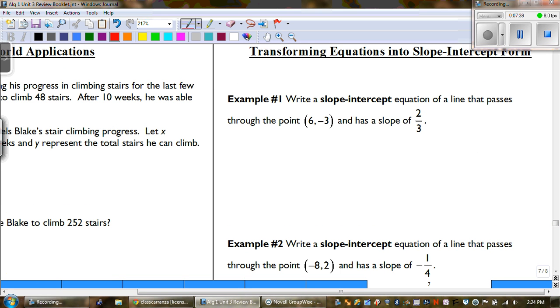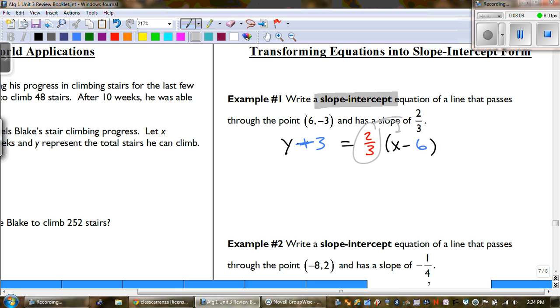So write a slope-intercept. So now it's asking for slope-intercept of an equation that passes through 6, -3, and 2, 3. So now what we're doing is, hey, can you plug in correctly into point slope? There's your slope, +3 and 6, but now can you solve it?